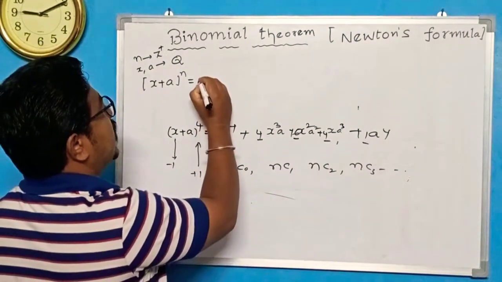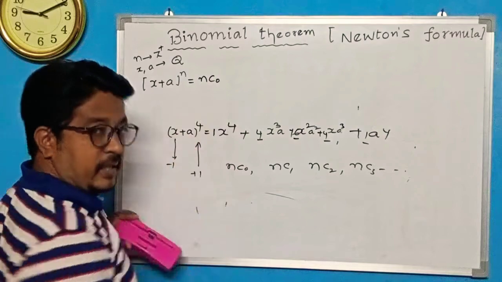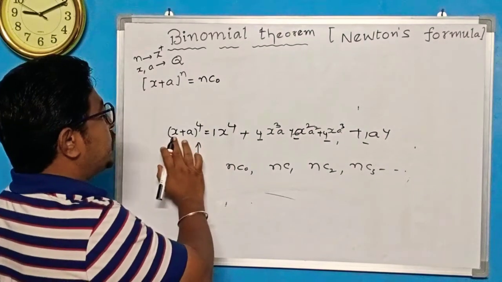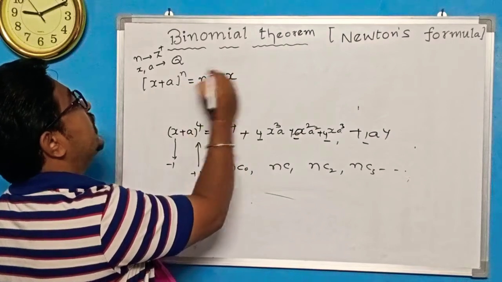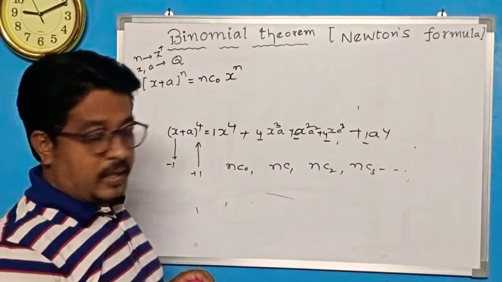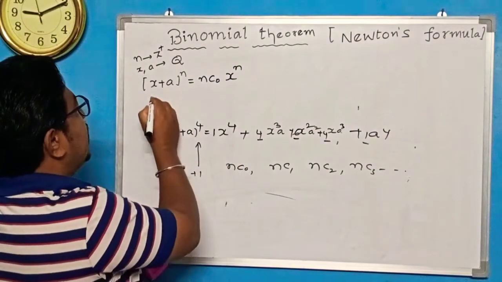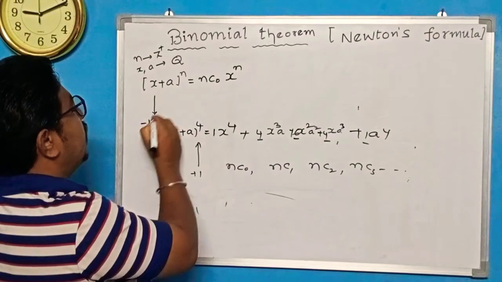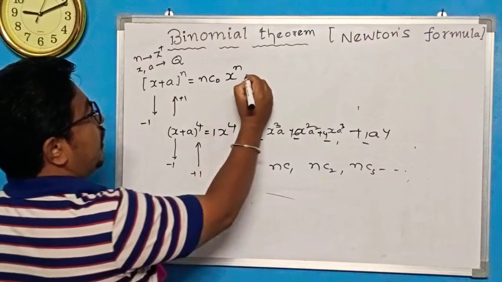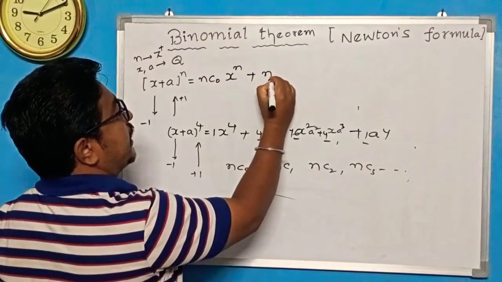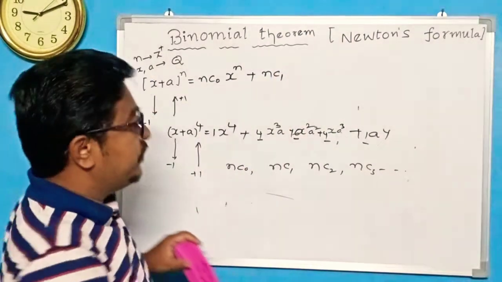First, we start with nC0. The highest power of x is 4, so here the highest power is n. x decreases by 1 and a increases by 1. So x^n, plus next comes nC1.